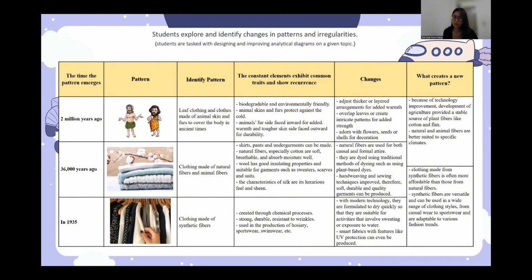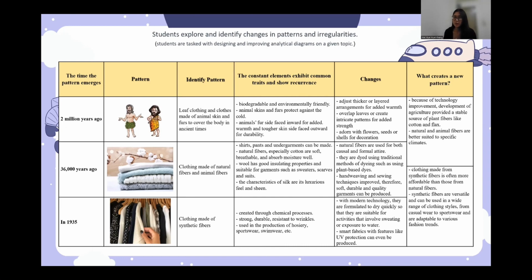From pattern one to pattern two, because of agricultural development and technological improvement, humans were able to have a stable source of plant fibers such as cotton and flax, and natural and animal fibers are better suited to specific climates, because leaf clothing is not enough to cover the human body, and it is also less durable than clothing made of natural fibers, as it is just made from raw plant materials.